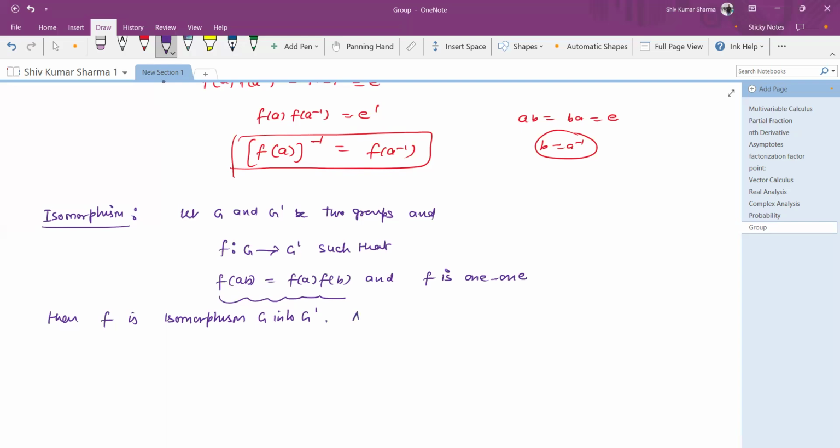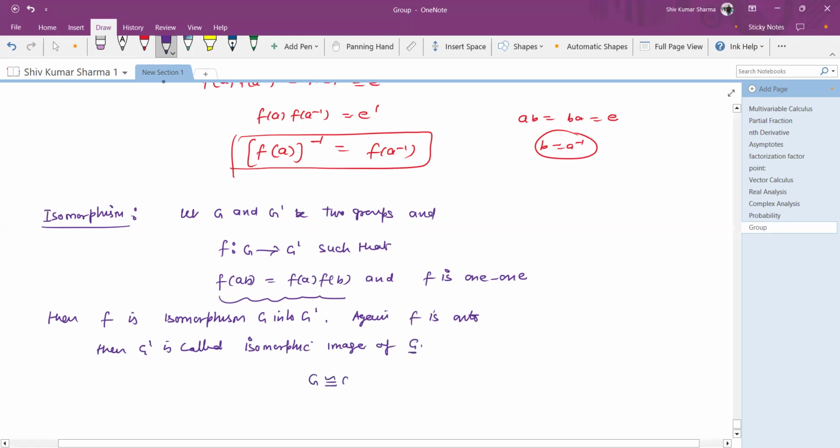Again we can extend this: if f is onto, then G dash is called an isomorphic image of G, not homomorphic image. In the previous part it is homomorphic, but here it is an isomorphic image of G. Symbolically we represent this as G is isomorphic to G dash.